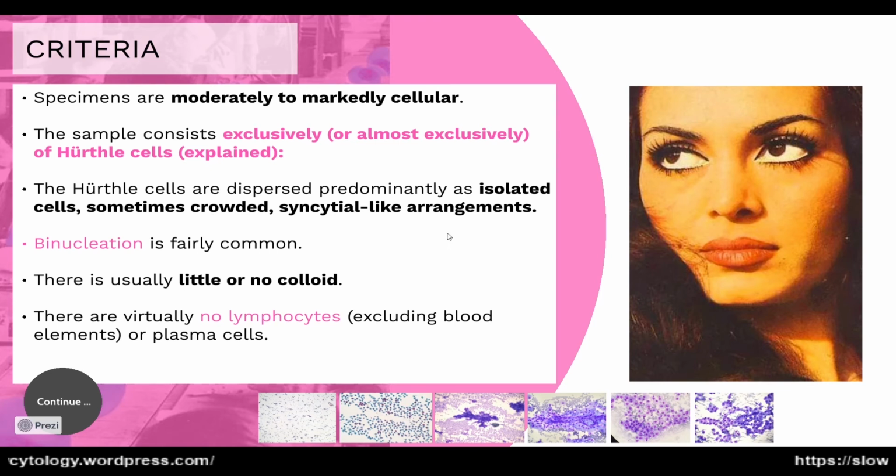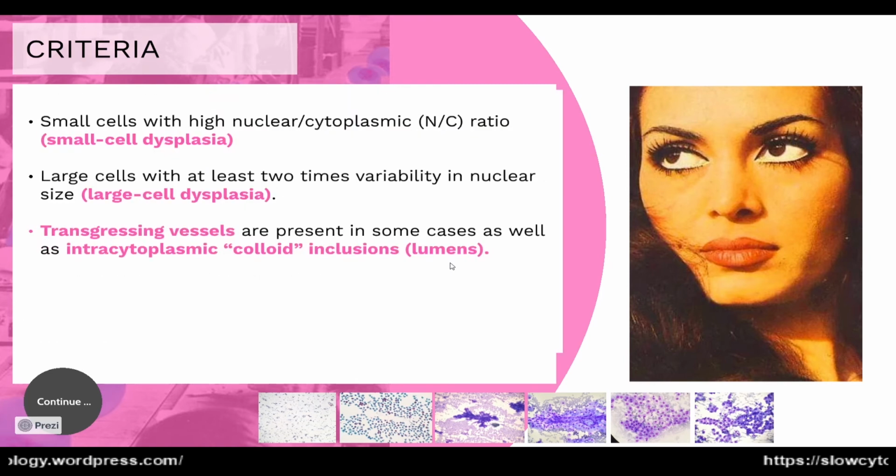Binucleation is fairly common. There is usually little watery colloid or no colloid. There are virtually no lymphocytes. Except those, we expect to see small cell dysplasia, large cell dysplasia, transgressing vessels, and intracytoplasmic colloid inclusions or lumens.